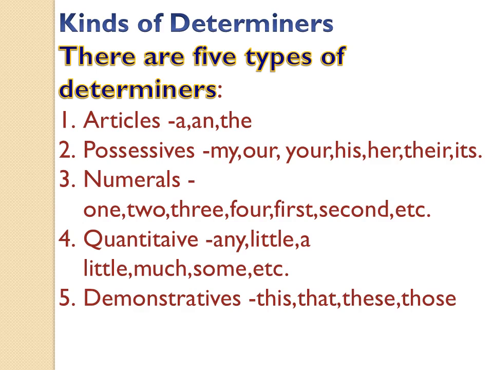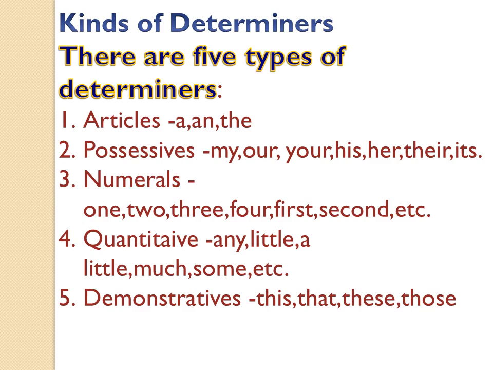Next is possessives, and the examples of possessives are my, our, your, his, her, their, its. Next is numerals, and the example words of numerals are 1, 2, 3, 4, first, second, etc. Next is quantitative.